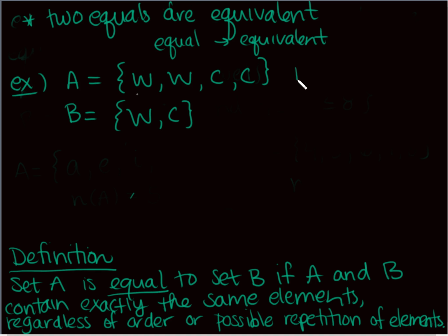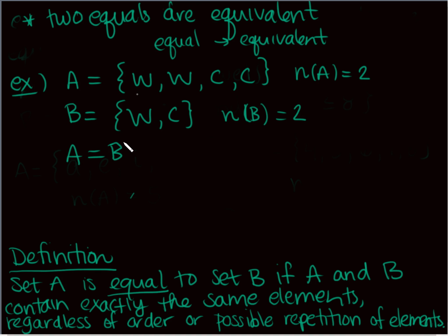Let's look at the cardinality here. Cardinality of A is 2. Remember, repetition doesn't matter. Cardinality of B is 2. What are the elements of A? W and C. What are the elements of B? W and C. So we say that A is equal to B.